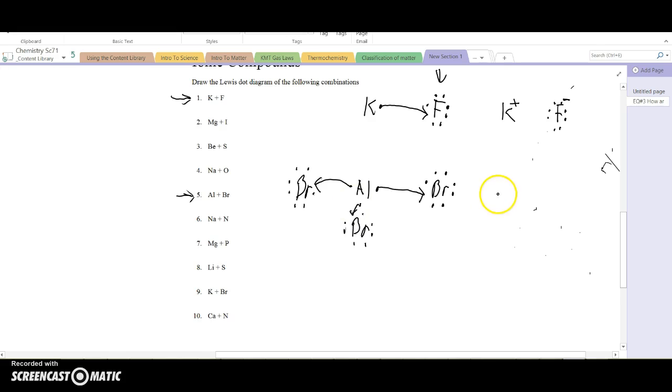So my aluminum atom has a charge of +3. It has lost 3 electrons, which means it has 3 more protons than it does electrons. And then bromine, each bromine has 8 valence electrons and a charge of -1.